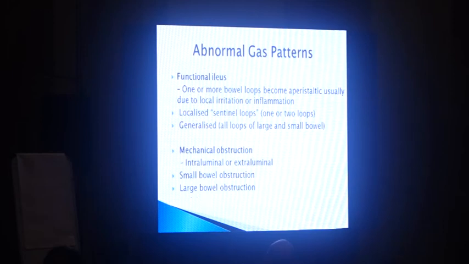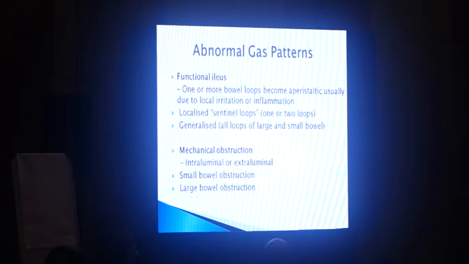And coming to the abnormal gas pattern, it could be because of ileus. Ileus could be localized or generalized. In generalized ileus, we are going to see dilated small bowel as well as large bowel.